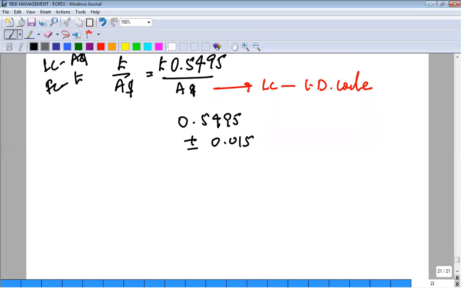And definitely you have to identify buying and selling. In the indirect quote, the higher one is buying.